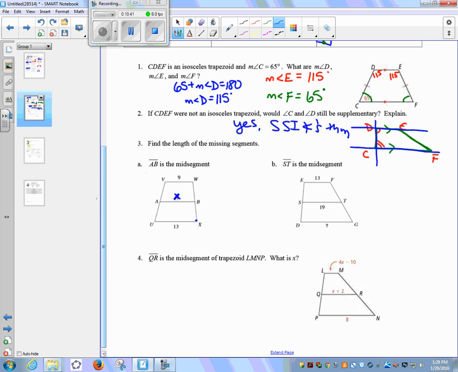So 2 times the midsegment, which I'm calling x, equals base 1 plus base 2. So 2x equals 22, and x equals 11. Find the length of the missing segment. So we need to find AB, and that's just 11.